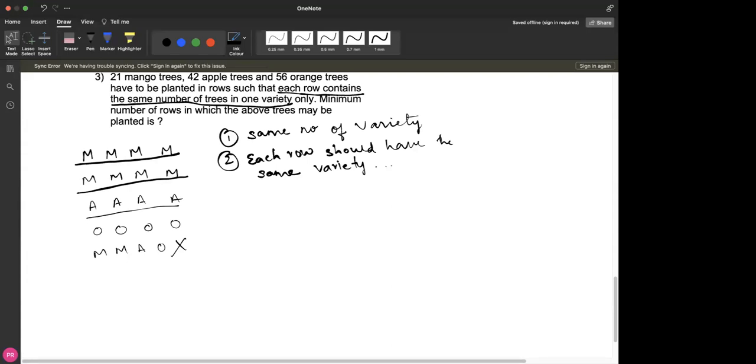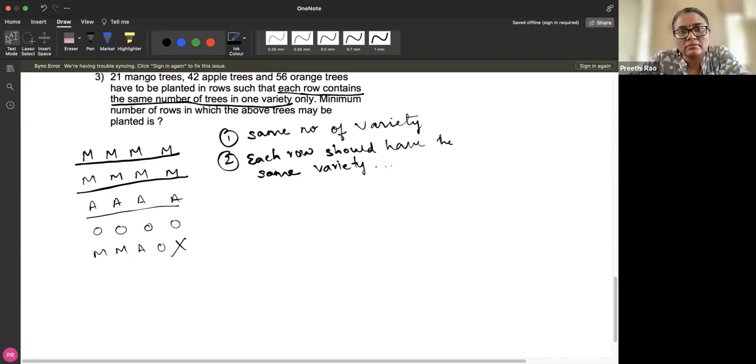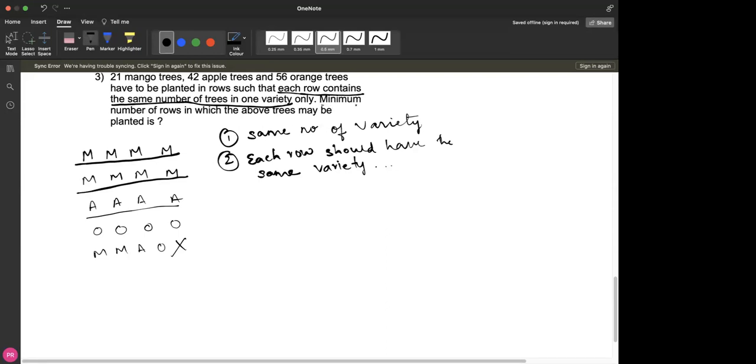Is that the question? It is asking the total number of rows. So maybe if I say the total number of rows, will that help? Oh, okay.